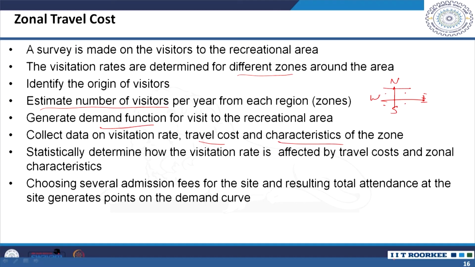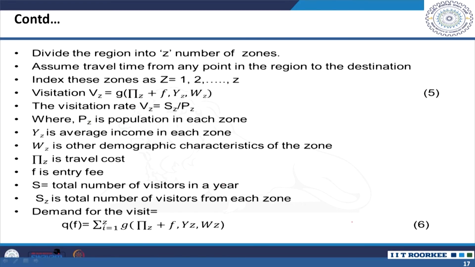So, we can also take into account different admission fees or entry charges for the site, and we can also get the demand curve based on these different entry fees.